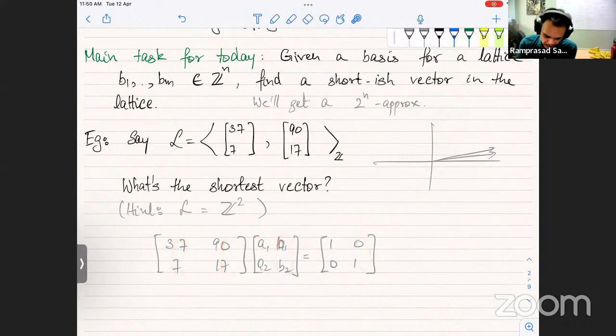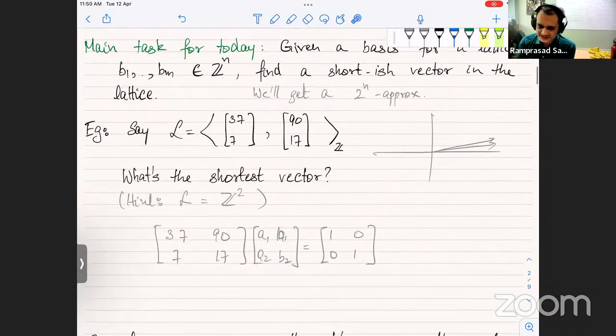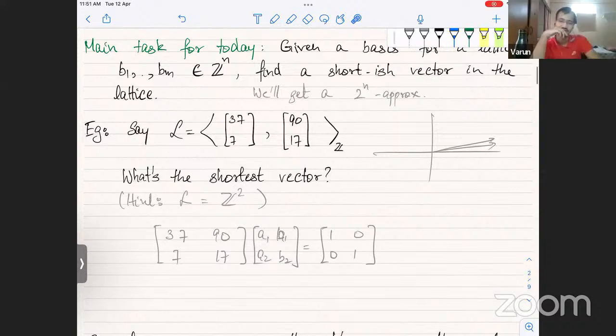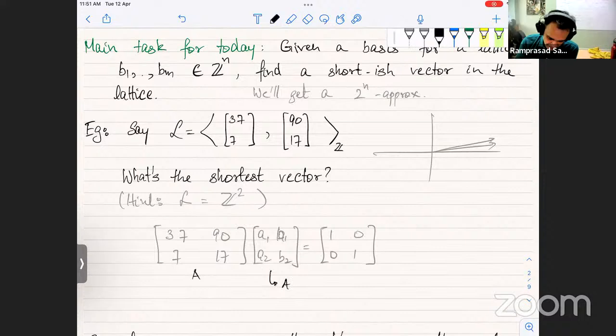And more importantly, I want all of these 4 entries to be integers. Now you can ask yourself, if there is a matrix such that this times this matrix equals the identity matrix, what is the only choice that this matrix can be? Inverse. So if this matrix is A, this better be A inverse.